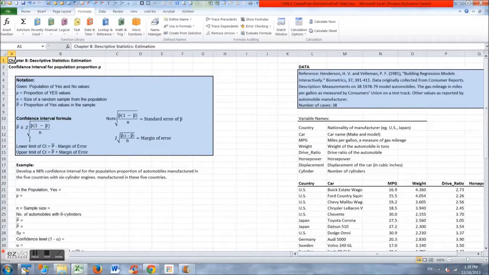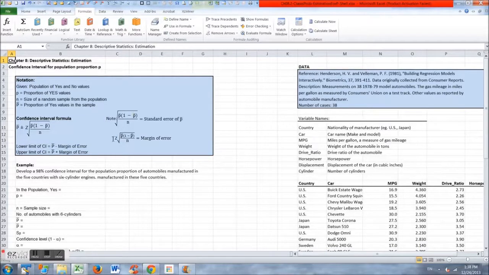Then the confidence interval is given by this formula, p bar plus or minus z, and since this is for a p, it's always z. You don't use t in the case of population proportion confidence interval. Then this is the standard error of p bar, and that's given by this formula.